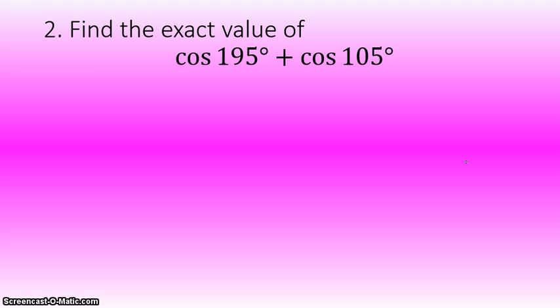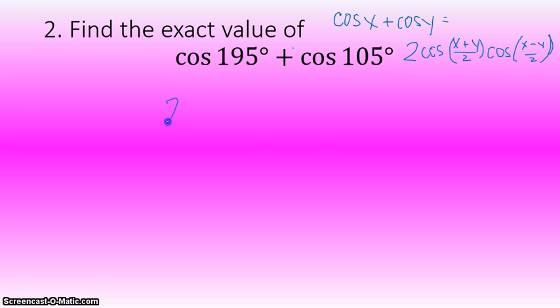That would be sum to product because it has the cosine plus the cosine, which if you look at your booklet, cosine of x plus cosine of y equals 2 times cosine of x plus y over 2, times cosine of x minus y over 2.